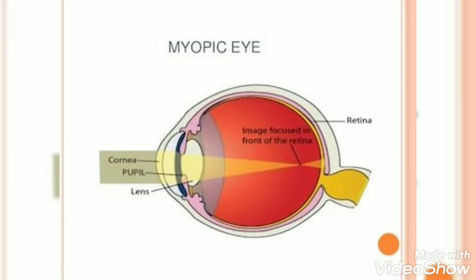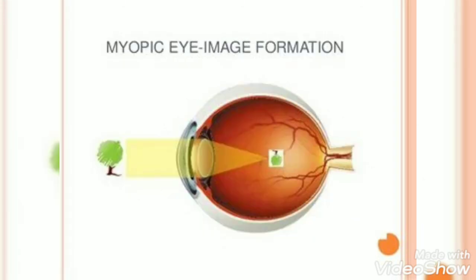In a myopic eye, you can see the light is coming and the image is not forming on the retina. It is forming in front of the retina. That's why the person is not able to see clearly, because all the sensory cells are present on the retina, so he is not able to interpret where the image is. So for this kind of eye we need a concave lens.